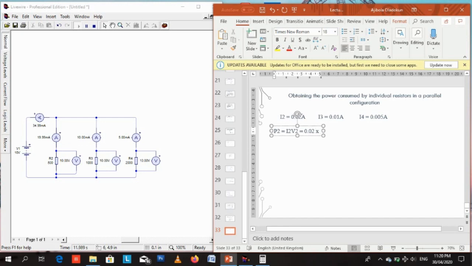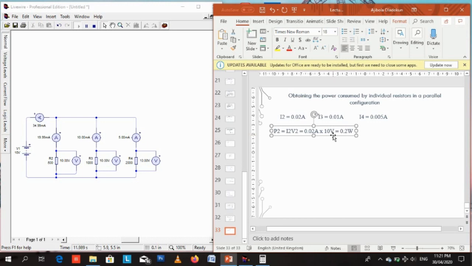That is the current multiplied by V2, which is 10 volts. 0.02 amps multiplied by 10 volts. That's P2. That should give us 0.2 watts, capital W, actually. Watt is the name of a person, a scientist, so the W is capital, not small w.